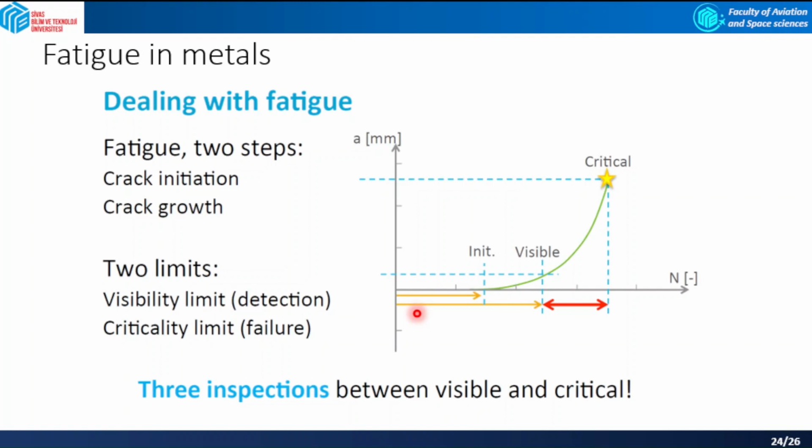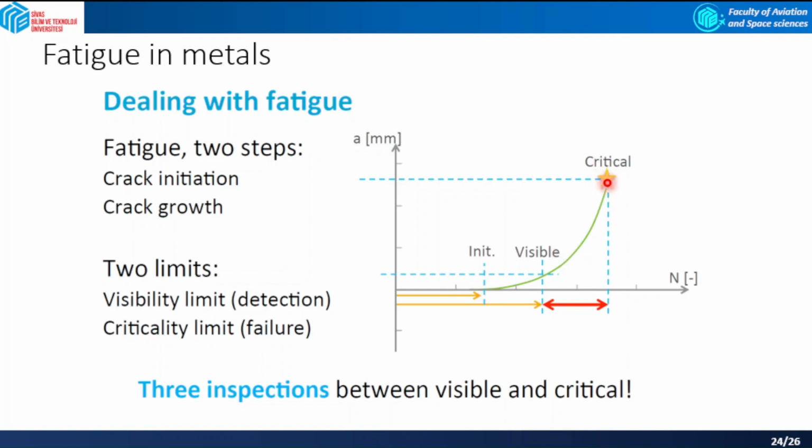Once the crack becomes visible, it begins to grow exponentially. And if it is left unchecked, the crack will continue to propagate until it reaches a critical size, leading to the structural or component failure.